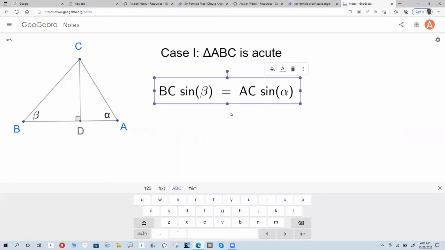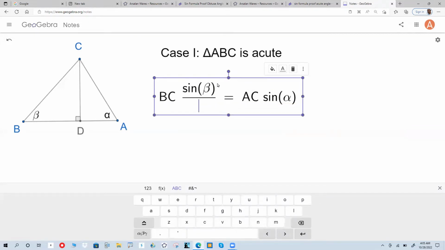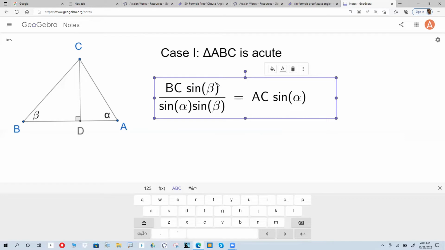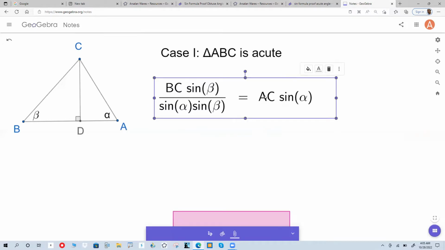Well, let's do it right here. I'm assuming neither one is 0. And I'm going to do it here too.